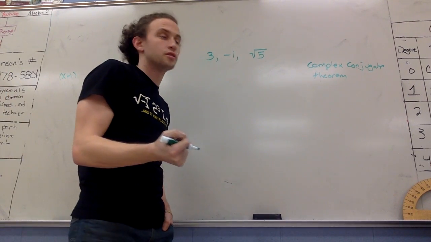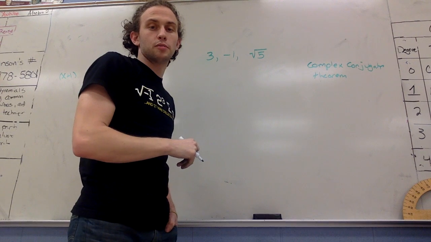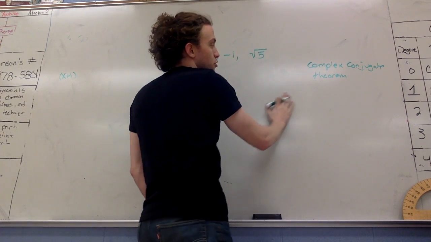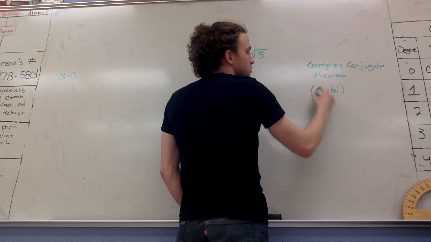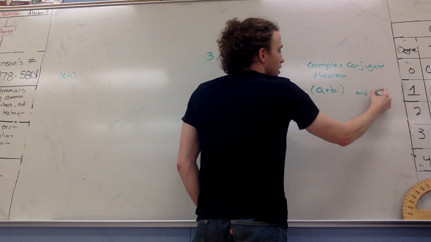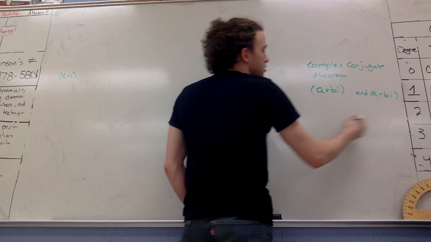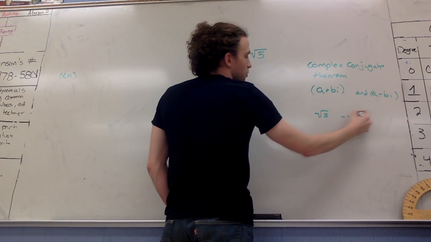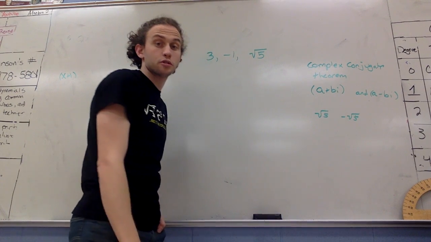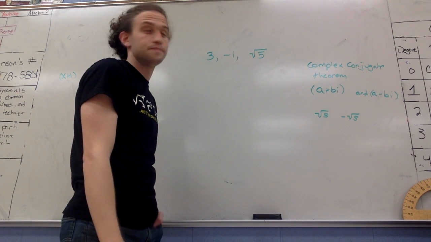So a conjugate of it, for any complex number, is going to be a solution also. So a plus bi and a minus bi, in this case, it's going to be the square root of 5 and negative square root of 5 should both be solutions to this problem.